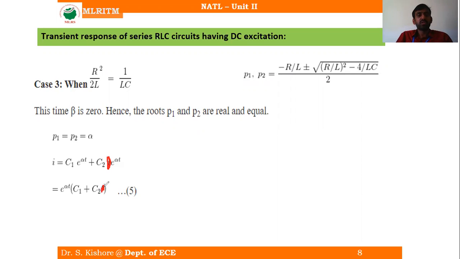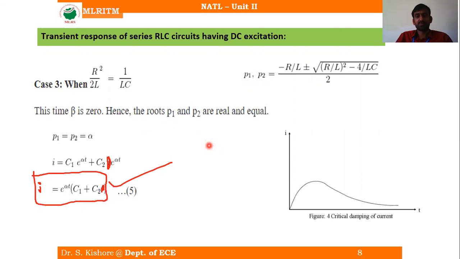So the solution i is going to become e power alpha t into C1 plus C2, where C1 and C2 are nothing but arbitrary constants. So this is how you are going to solve the second order linear differential equations with respect to the RLC circuits.